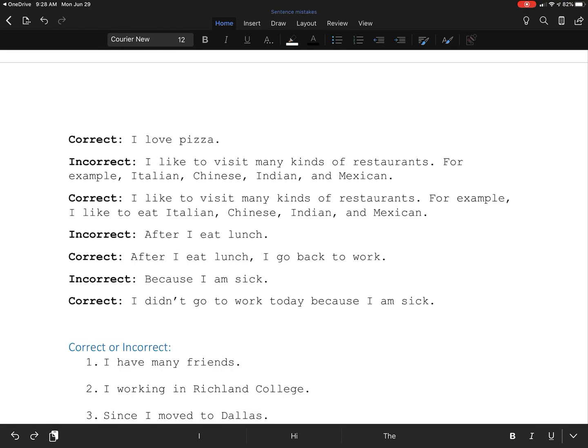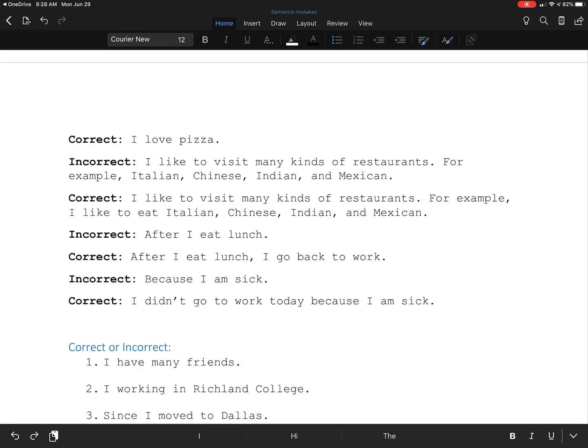When we say time clauses with after, before, when, as soon as, we have a dependent clause and an independent clause. After I eat lunch is the dependent clause. It's dependent because it needs another part with it.